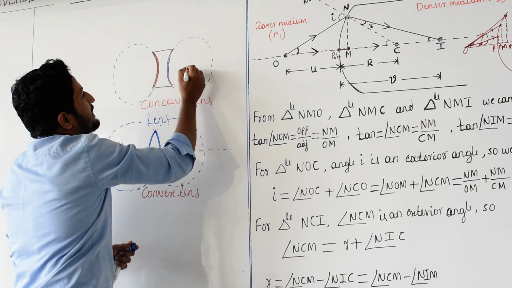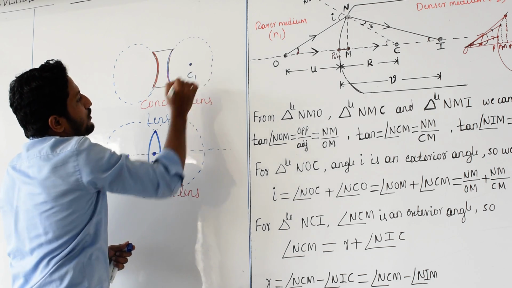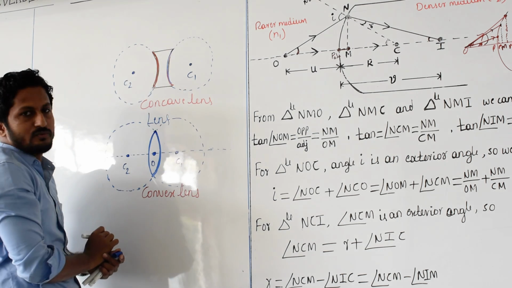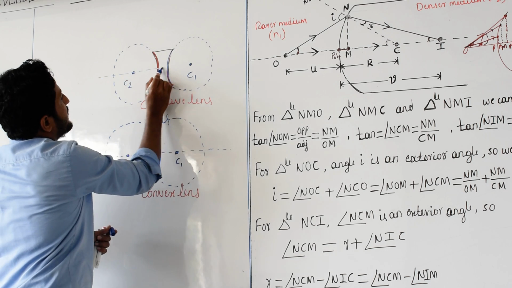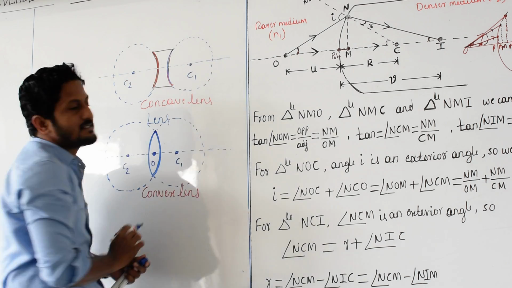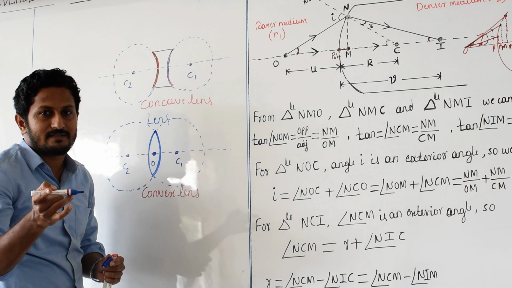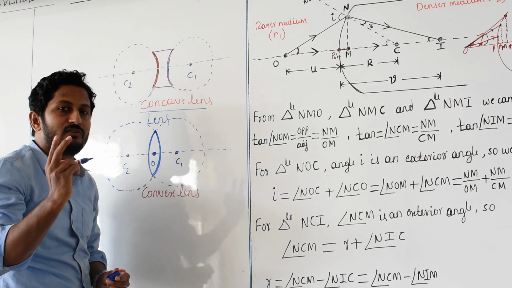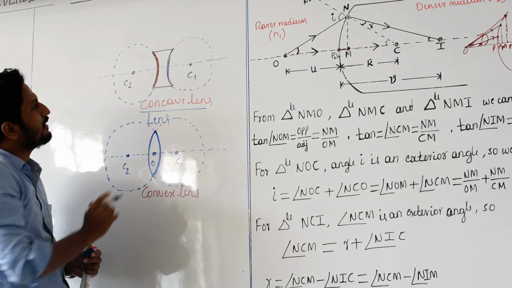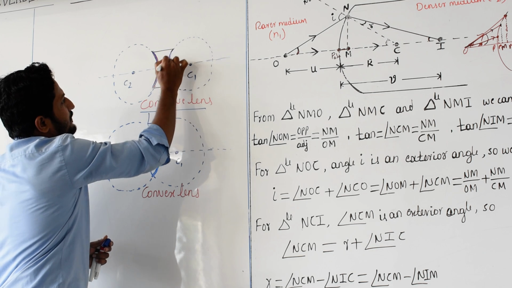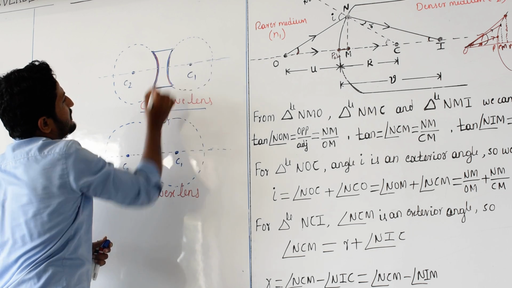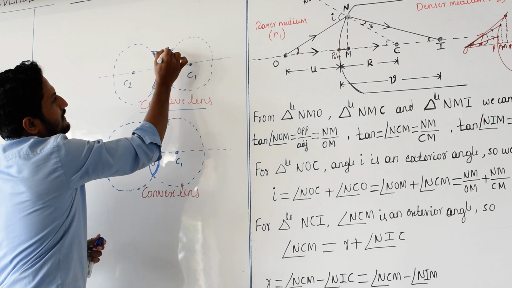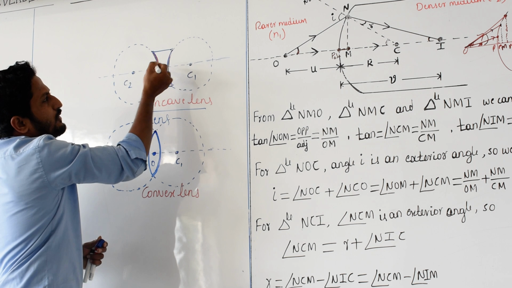Here there is a center point you call C1, and here one more center point that you call C2. The line which joins those centers is called the principal axis. Look at this one. This is right now a concave lens. This is the middle portion and this is the edge.